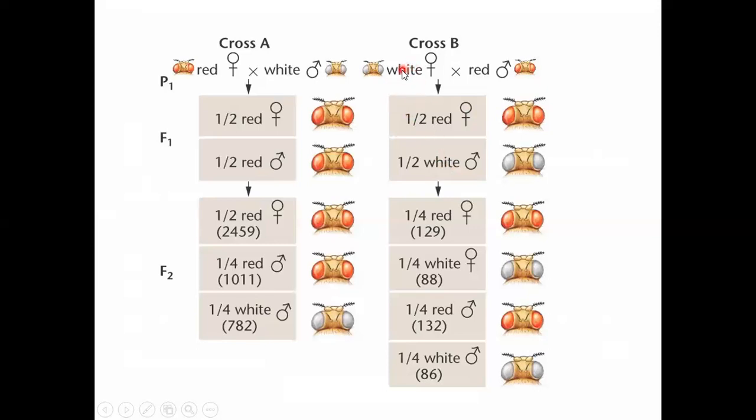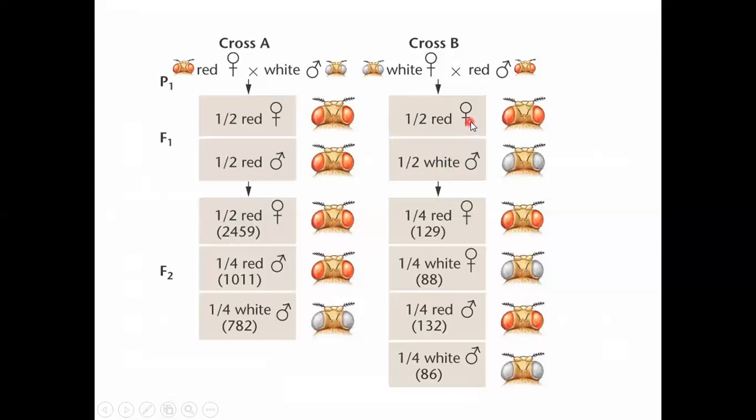So the mother has white eye color and passes her X chromosome to her daughter as well as to her son. The son only receives a single X chromosome from the mother while the son receives the Y chromosome from the father. So the single X of the son carries a white allele. That's why the eye color in the male Drosophila, or in the F1 offspring male, is white.